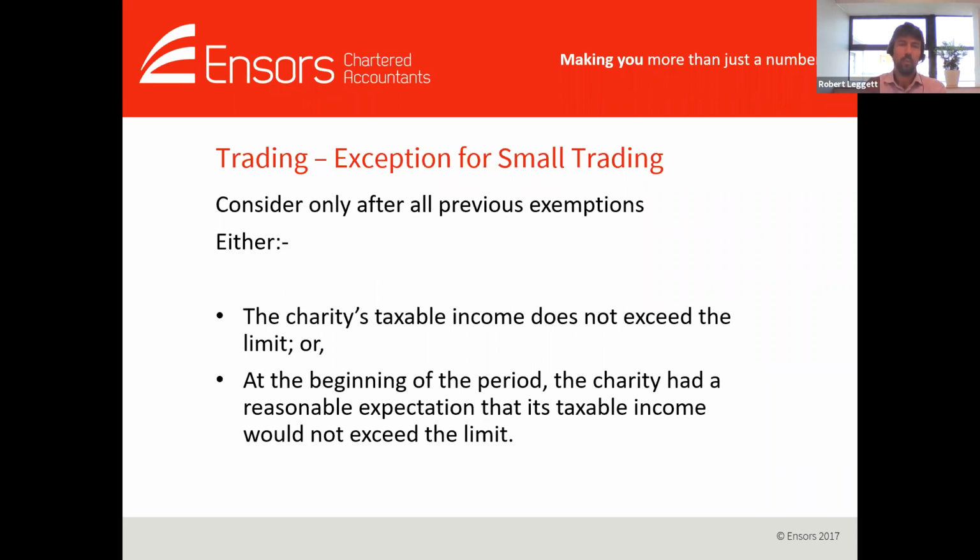Quite importantly, we do see quite a lot of situations where the trading that we have is not primary purpose. And therefore, we need to think about the exception for small trading. And this is a limited exception that basically allows us an exemption from tax up to certain small trading limits.